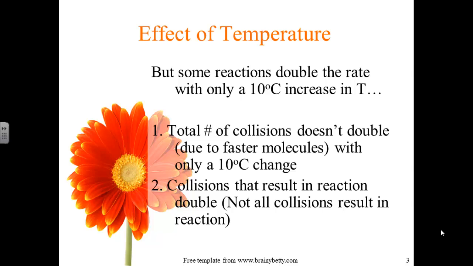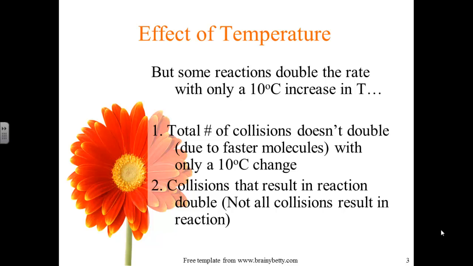If you had 10 collisions to begin with, and you increase the temperature by 10 degrees, you're not necessarily doubling to 20 collisions. Maybe when you started, only 5 of those collisions caused reactions, and then you doubled that amount instead.